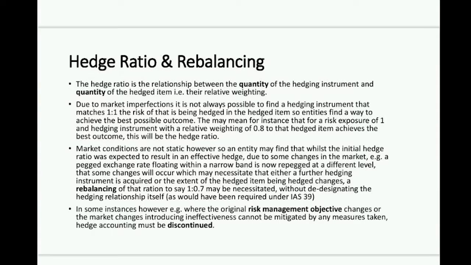So it's important to understand that rebalancing has its place, and its place is to deal with relatively expected potential changes in the hedge ratio that might occur and might need to be made in order to maintain the overall hedge effectiveness, but it is not there to simply rebalance completely unexpected changes or complete changes in risk objectives. For that, you'd have to discontinue the hedge, and once you've established a new hedge, then designate that new hedge in a hedging relationship.